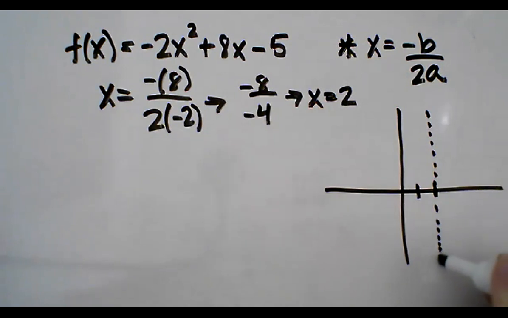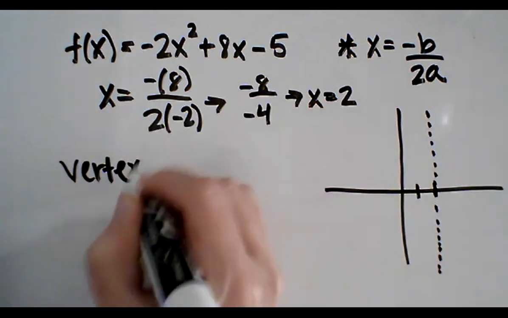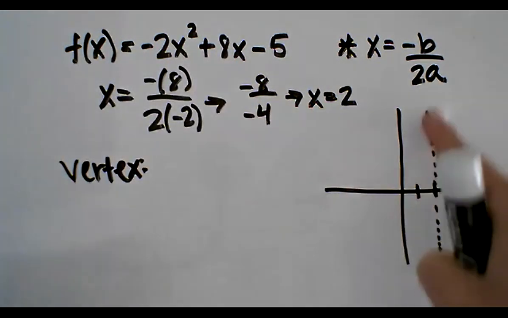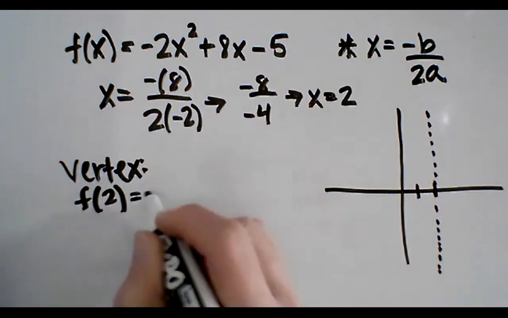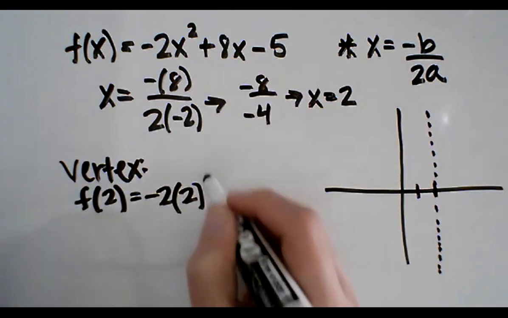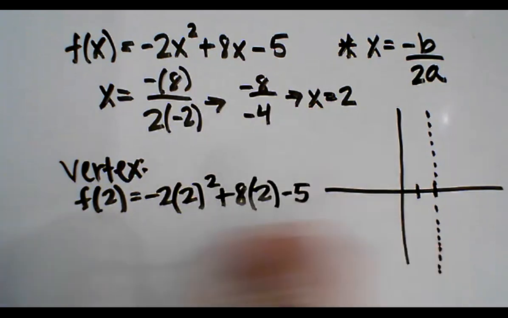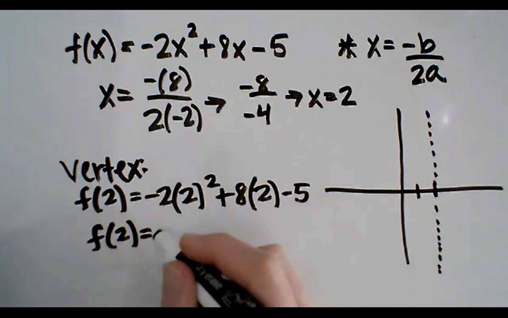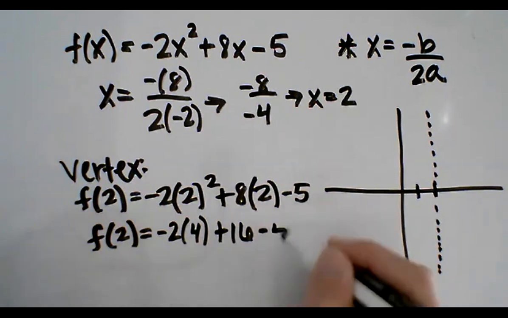It's a vertical line. So I need to find the vertex by substituting that value into our equation up here. We know that it should be on this line. So we're going to do f of 2 is equal to -2 times 2 squared plus 8 times 2 minus 5. Again, this part can be typed into a calculator, or you can do it by hand using order of operations.